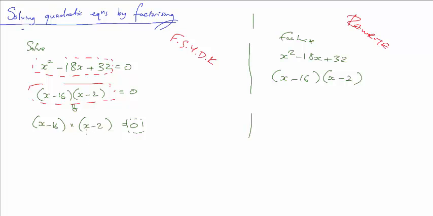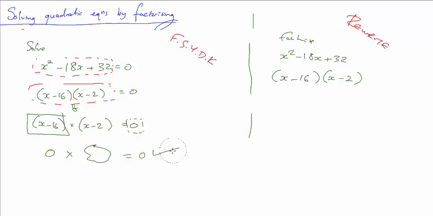Because the beauty about 0, when you're multiplying 2 things together to make 0, is that if you can just get this first bracket to equal 0, you don't even care what this bracket equals. It literally becomes 0 times something, which is going to give you 0.